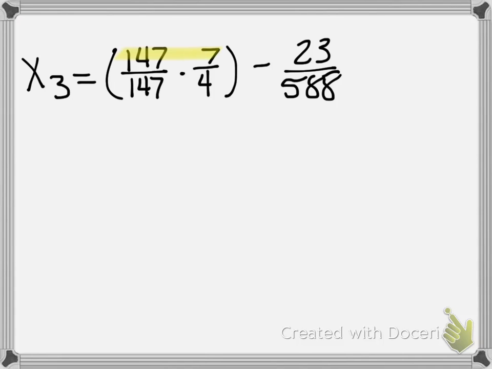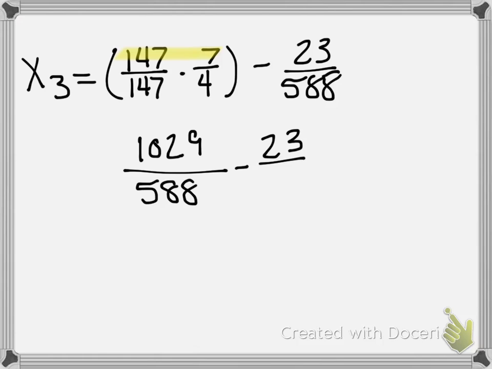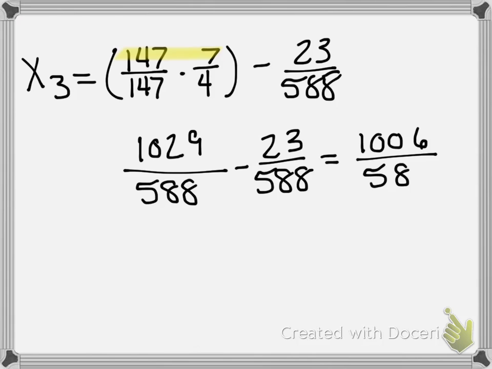Okay, so now whenever we multiply 147 and 7, we should get 1029 over 588 minus 23 over 588, and that is going to give us 1006 over 588. That can come down to 503, because we can factor out a 2 from the top and the bottom, over 294.